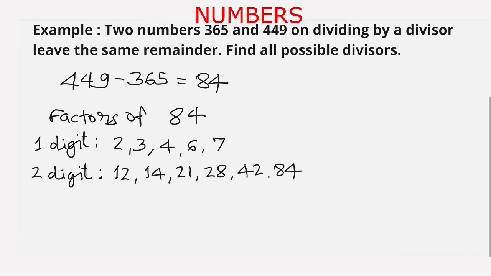Thus all the possible divisors are 2, 3, 4, 6, 7, 12, 14, 21, 28, 42 and 84. This way we can find all possible divisors by the property or tip for finding remainders.